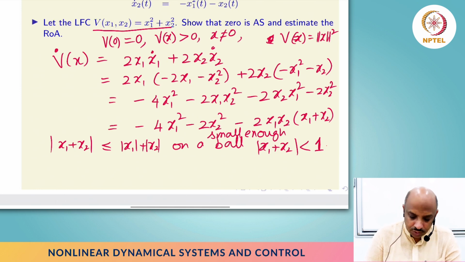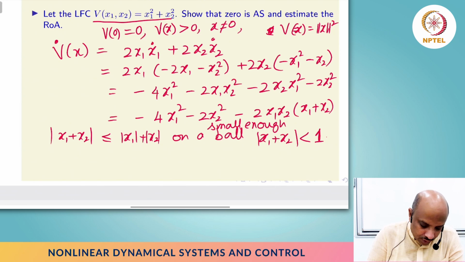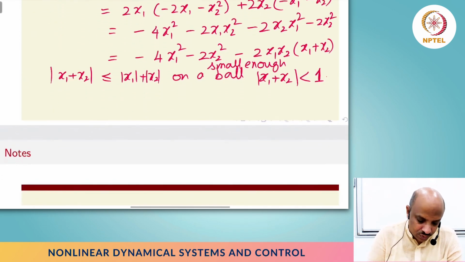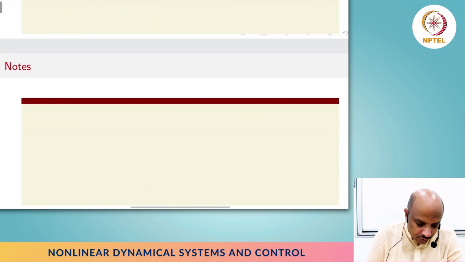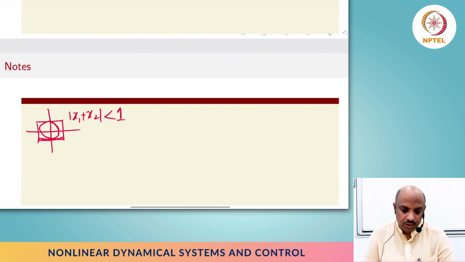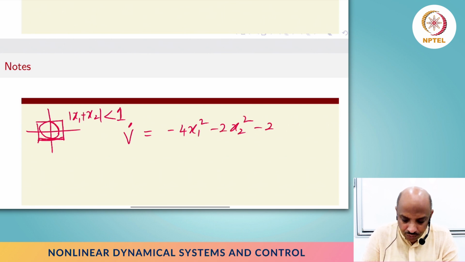Okay, so on this region, we have that the absolute value of x1 plus x2 is less than or equal to the absolute values of x1 plus x2, and if you put a circle inside that, so in any of the circles within this square, we will have x1 plus x2 less than 1, right? So v dot therefore is going to be equal to minus 4x1 square minus 2x2 square minus 2x1 x2.